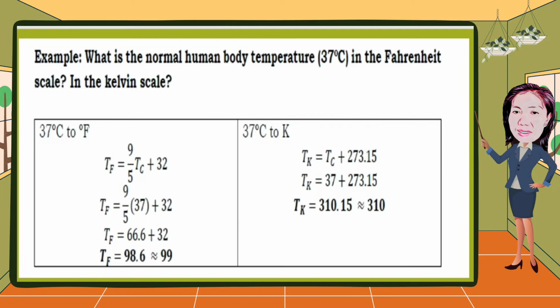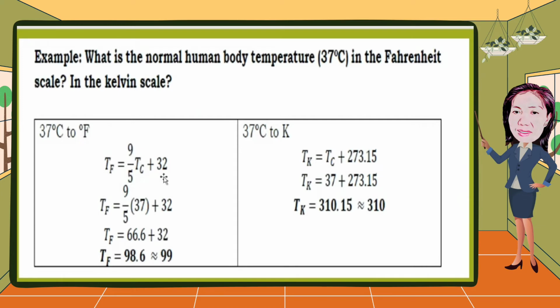Okay, given. The given is 37 degrees Celsius. So convert that to Fahrenheit. So kung balikan natin yung mga equation, ito yung equation na gagamitin natin. Given ang Celsius, you are asked to convert to Fahrenheit. So the equation is temperature in Fahrenheit is equal to 9 divided by 5 times temperature in Celsius plus 32.